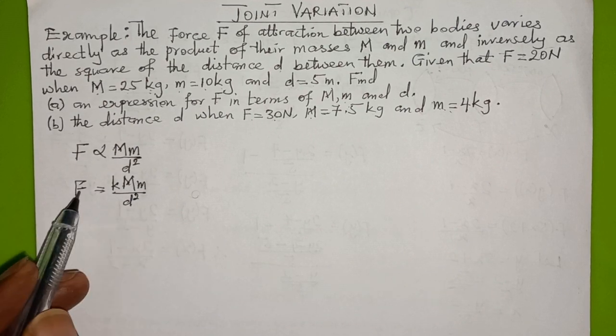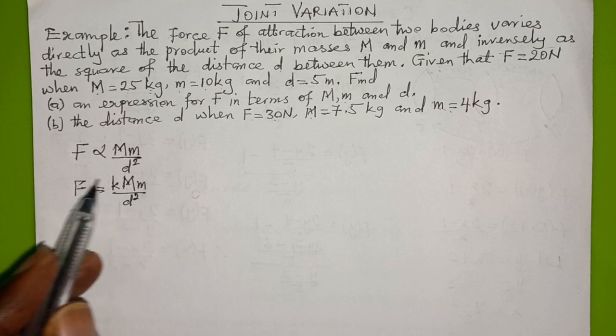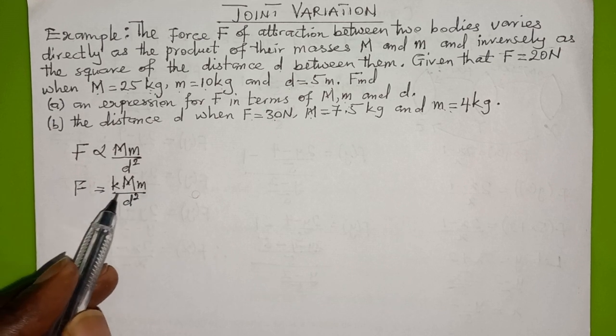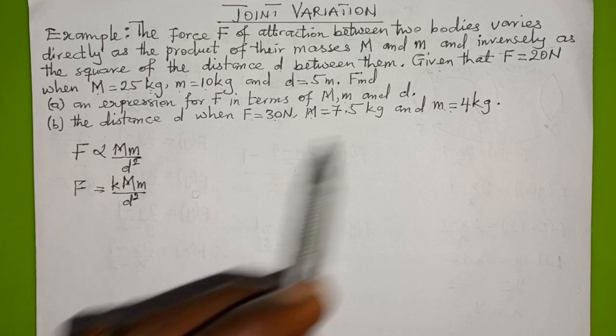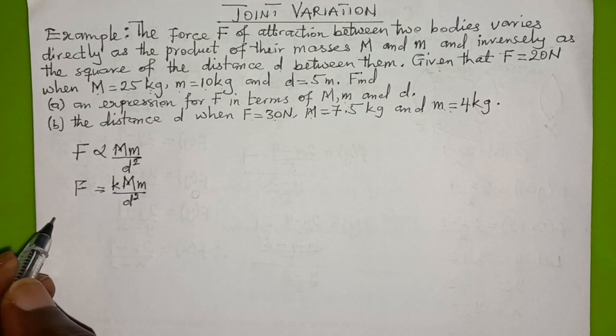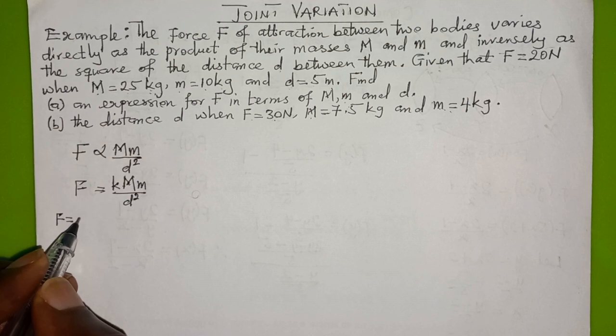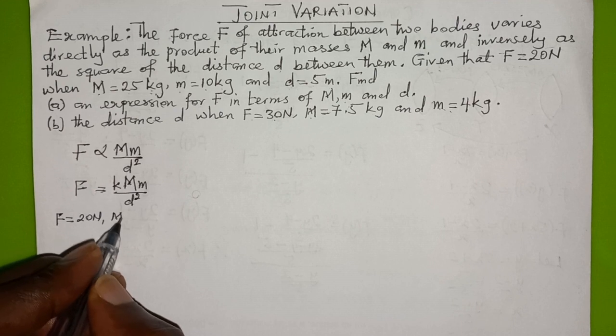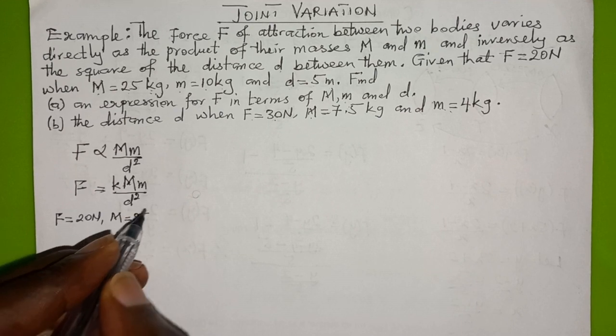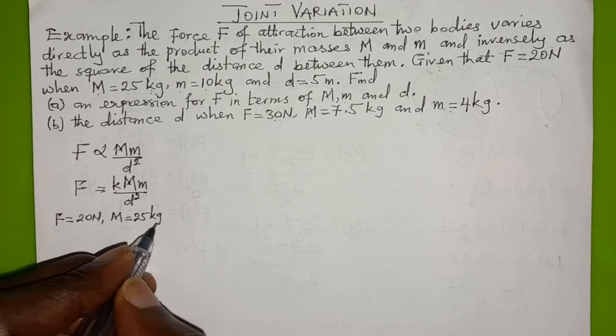All right, so with this, we have been given all the values of these variables for us to be able to find our constant of proportionality. So what we are being given in the question is that our F is equal to 20 newtons. Our bigger mass is 25 kg.